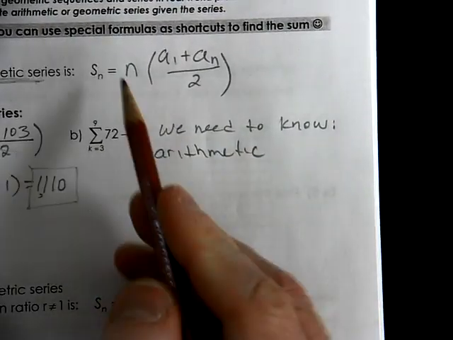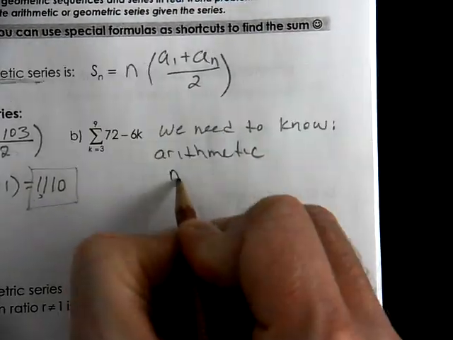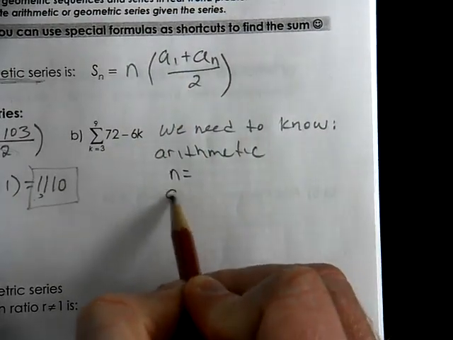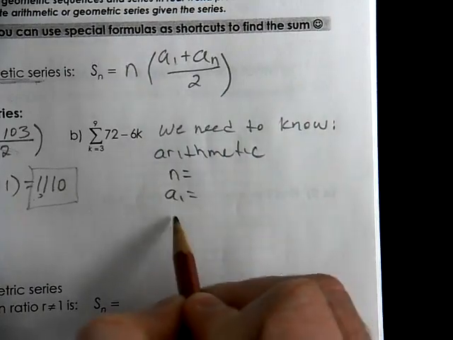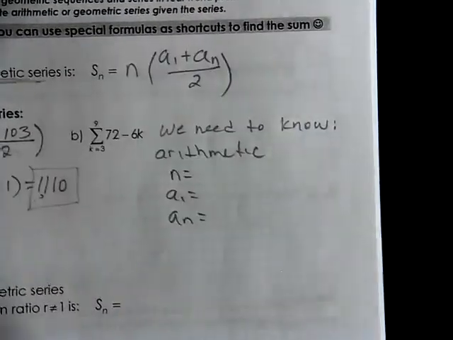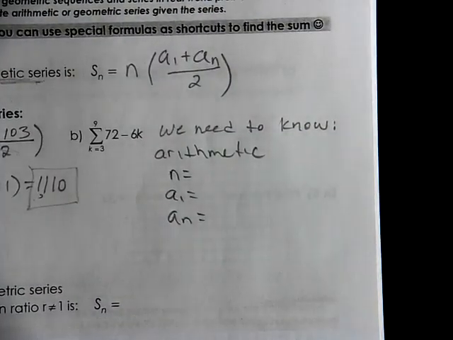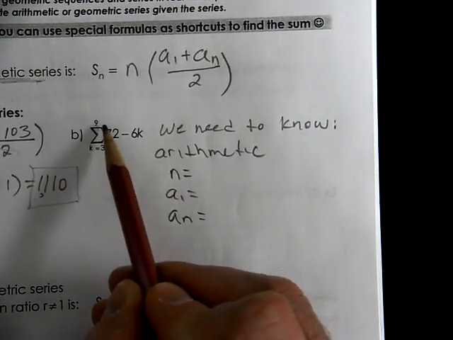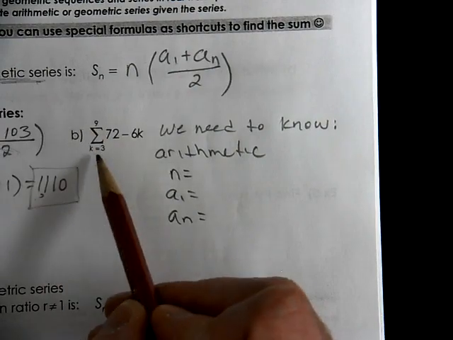Now we also need to know the number of terms, the first term, the last term, are the different parts of our formula. So looking up here, and this is a little tricky. A lot of people think it's the top value. We had this discussion earlier.